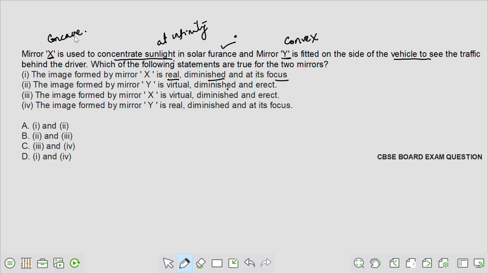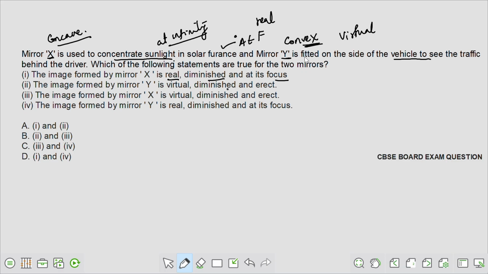In the first case, we have understood that the mirror is concave and the object is at infinity, so the image is formed at F. What type of image is formed at F? Real. In the second case, we have used a convex mirror. It forms a virtual, diminished and erect image. So here we get a virtual image, and we have identified it is a convex mirror.